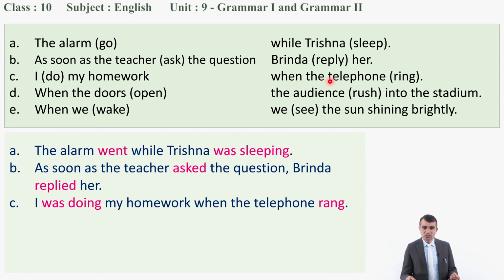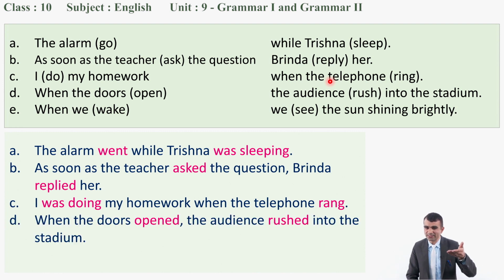Similarly, D, when the door opened, what is it? Event. The audience rushed into a stadium. Both are event. Is it so? Good. Now, how do we write? Loudly? Good. When the doors opened, the audience rushed into the stadium.